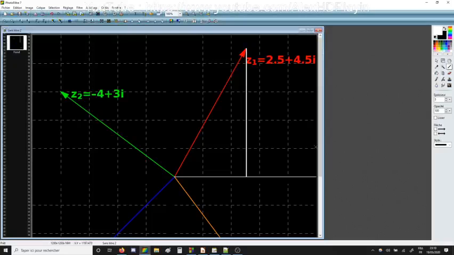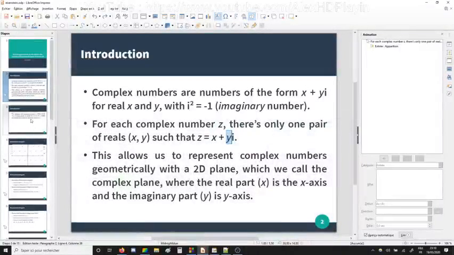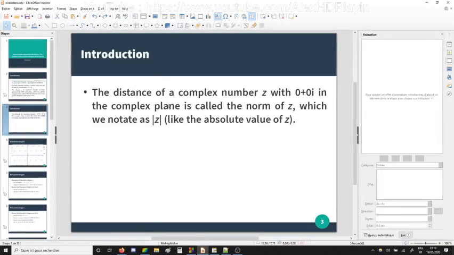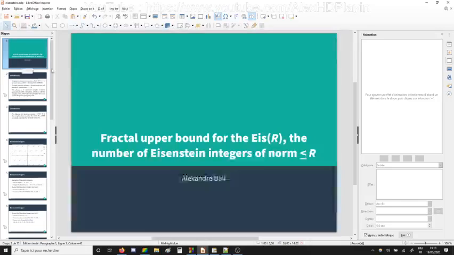Okay. So the thing is, the distance of any complex number z from 0 plus 0i in the complex plane is called the norm of z. So that explains that bit at least.